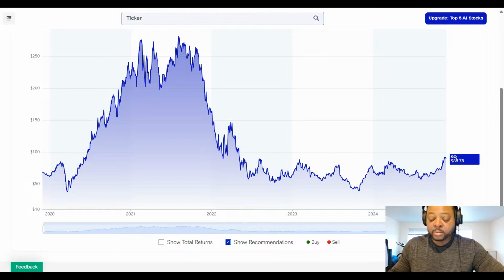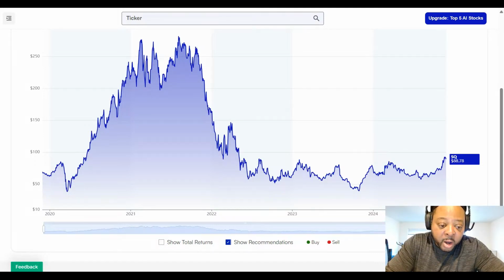Let's do the math. If you had 100 shares at $38, that's $3,800, right? 38 times 100 is 3,800. Now say you bought it right there, and then the stock went to probably like 270.